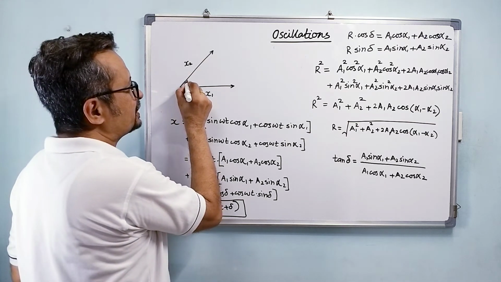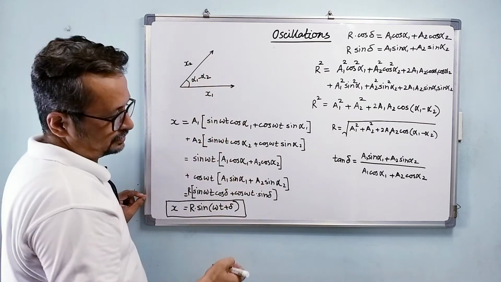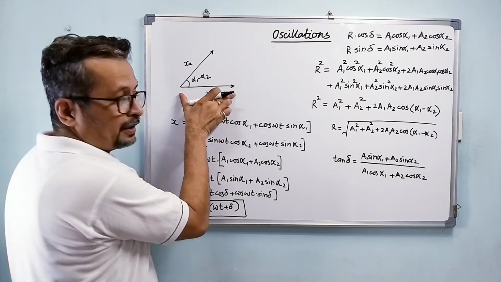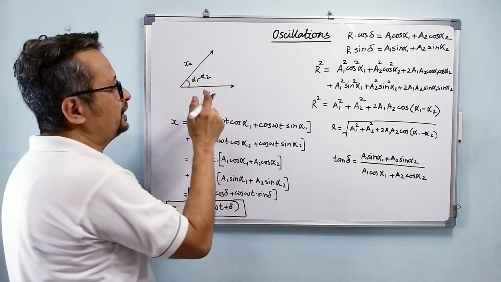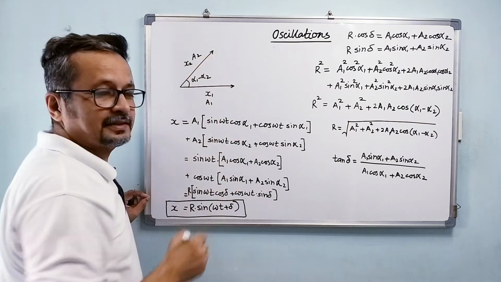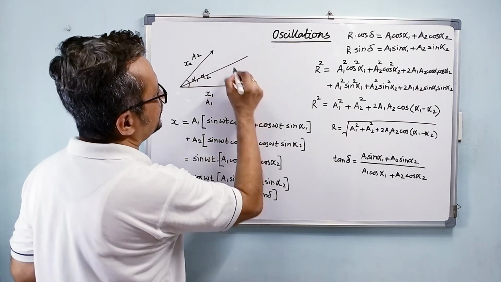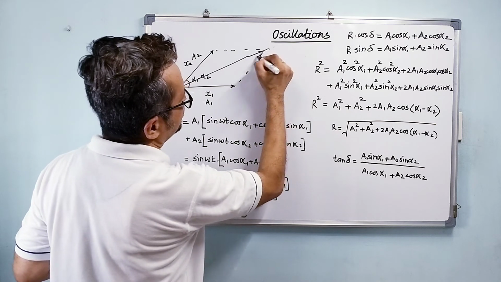So what is the angle between them? Is it not alpha 1 minus alpha 2, correct? And then what is the magnitude, the amplitude, the maximum value of displacement here? It is a1 here and a2 here, correct? So my resultant will be somewhere here. I complete the parallelogram here and here, and I get the resultant r here.